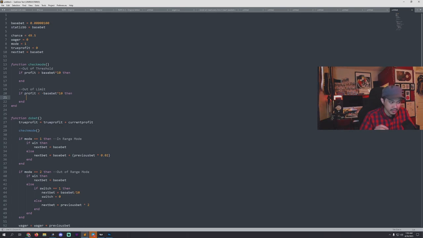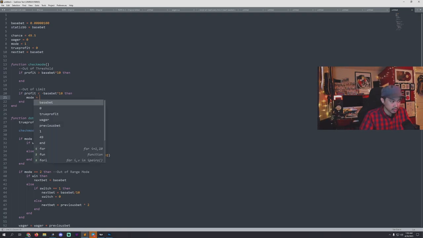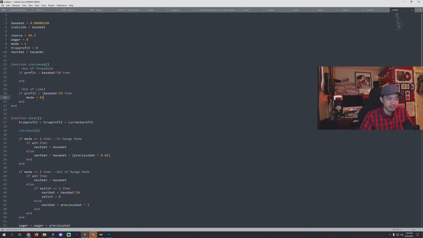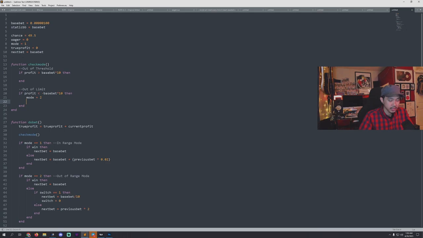If profit is less than the negative base bet, we want the mode to be 2. We want the mode to be 2, right? Because we're in mode 1, we're in the range, and if it goes out, we go to mode 2, right?